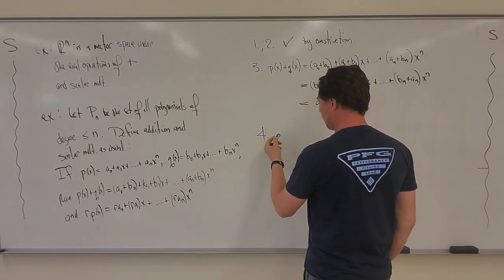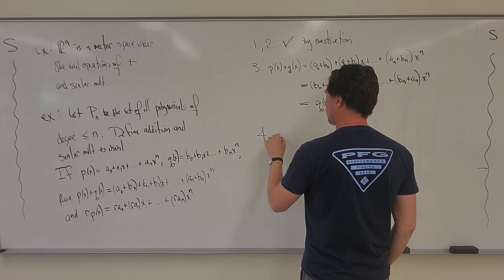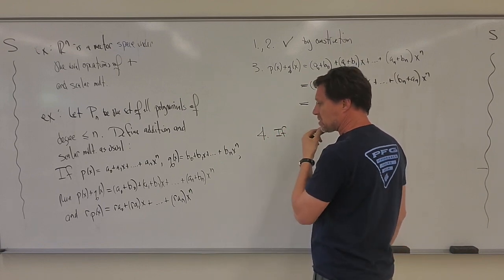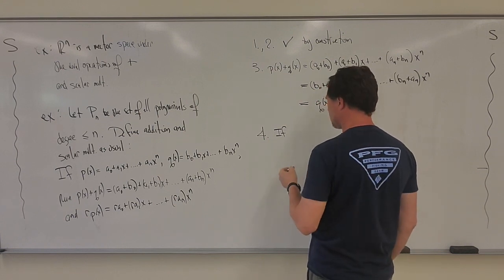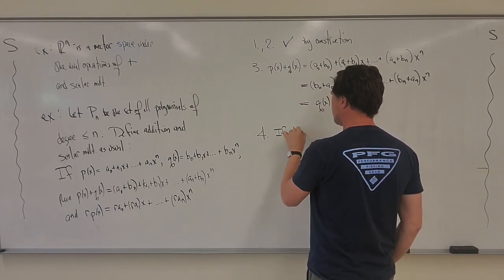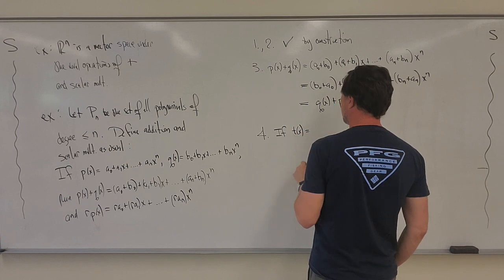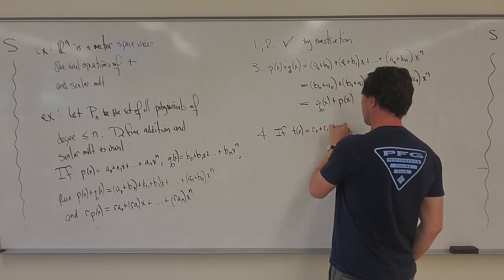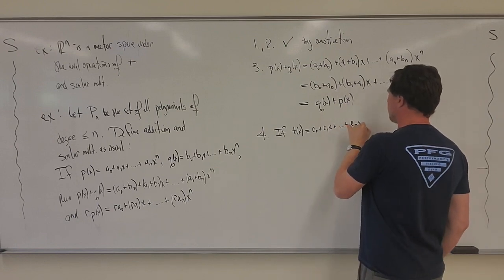So let me write it like this. If I need a third polynomial here, let's call it t, if t of x is the polynomial c0 plus c1x plus dot dot dot plus c sub n x to the n.